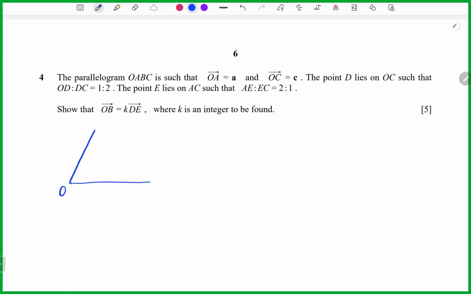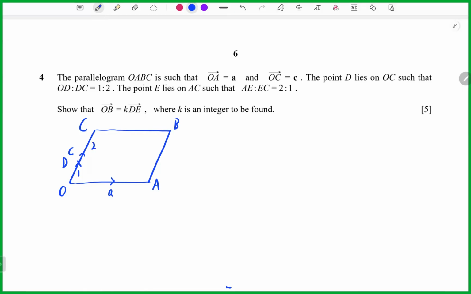So O, A, B, and here I put point C. OA and then OC, A and C. Now D lies on OC, so I put point D here on OC, so OD is 1, DC is 2.